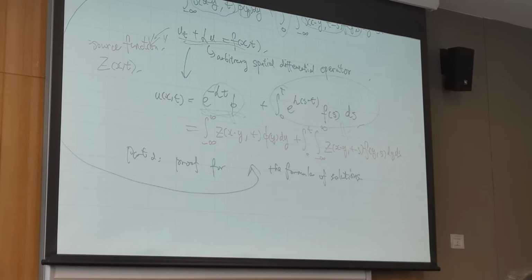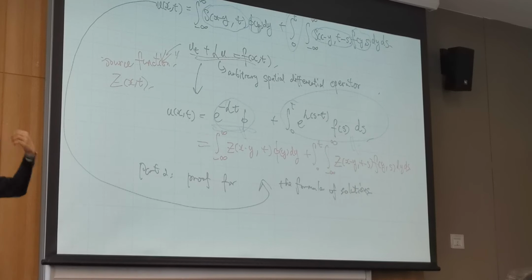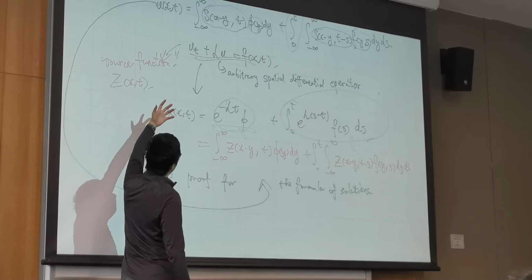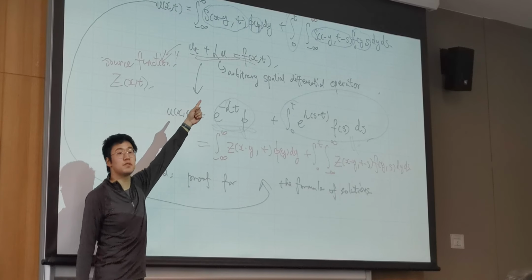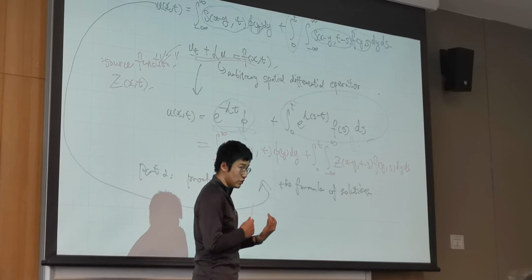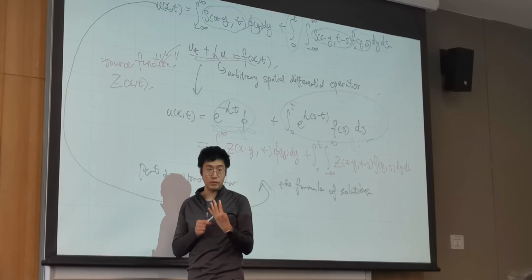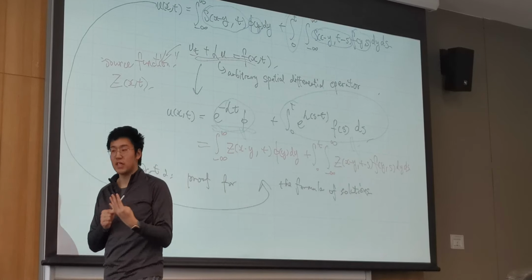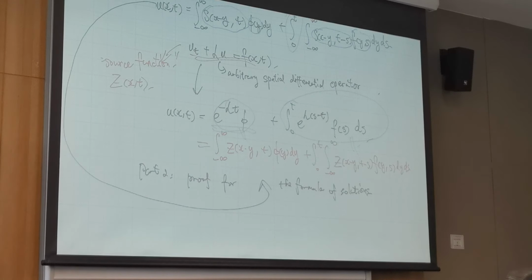If I indeed have my u equal to this, then we are going to prove that this u first of all satisfies the diffusion equation with the source term, and second, it satisfies the initial condition. We need to prove both at one time.